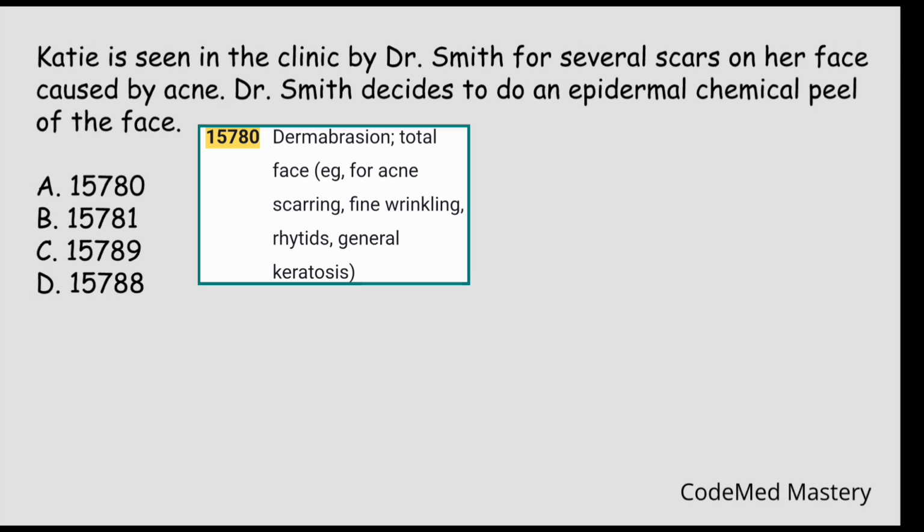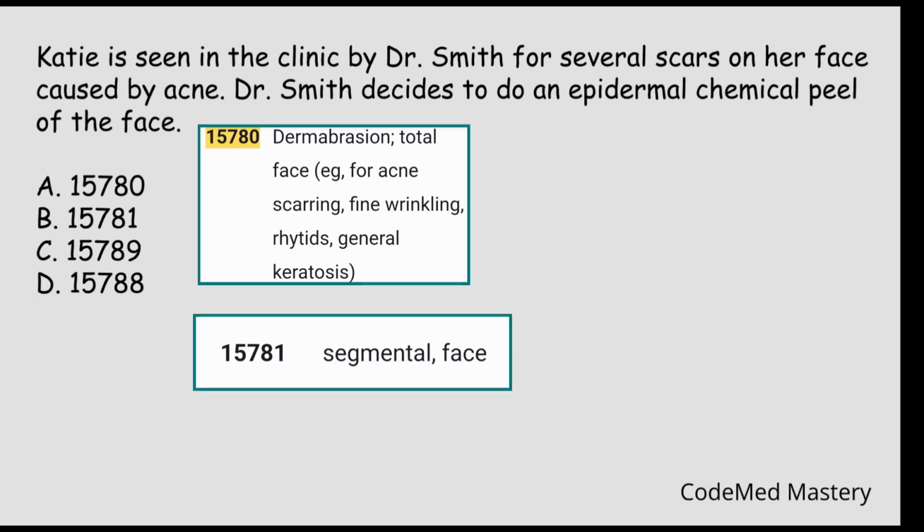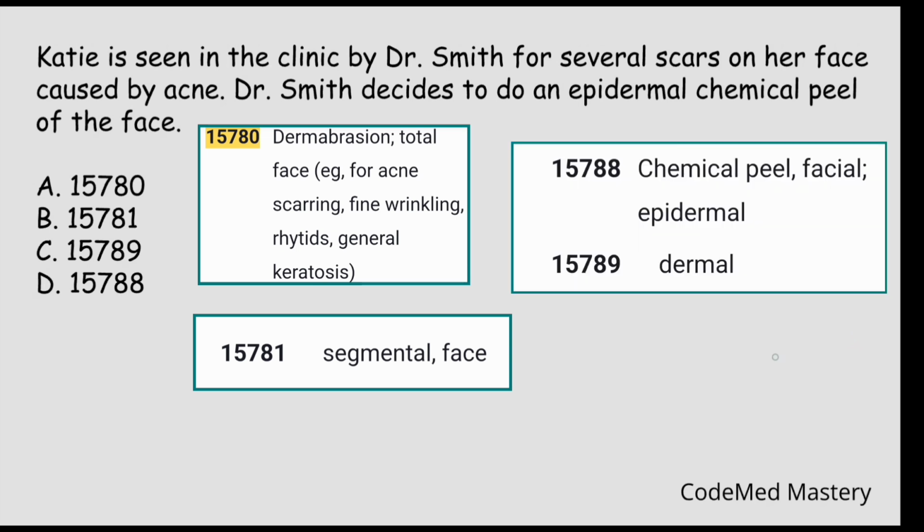And option B, 15781, is for dermabrasion, segmental face, and the code 15789 is for chemical peel dermal, and the code 15788 is for chemical peel facial epidermal. So which among these four codes is the right one?